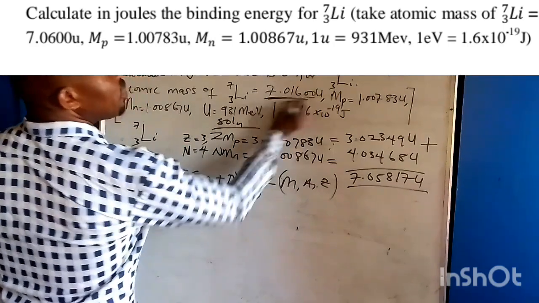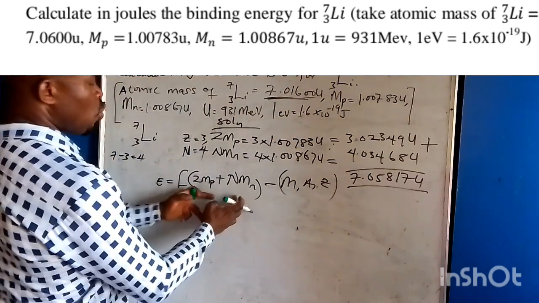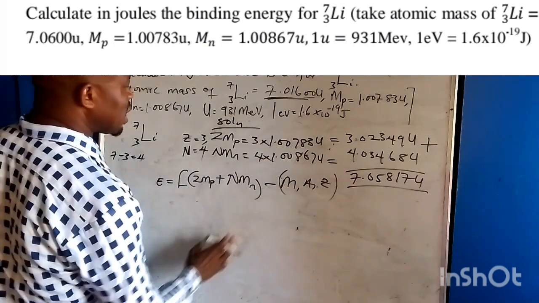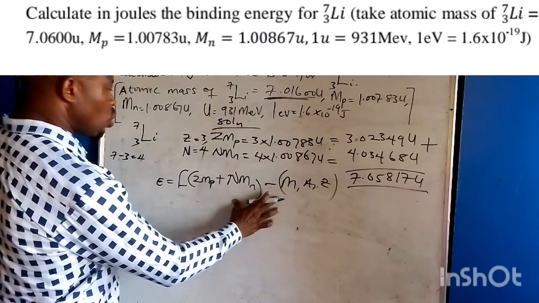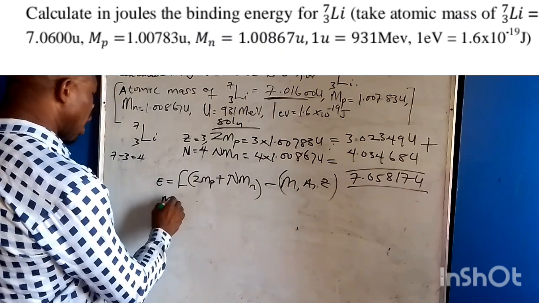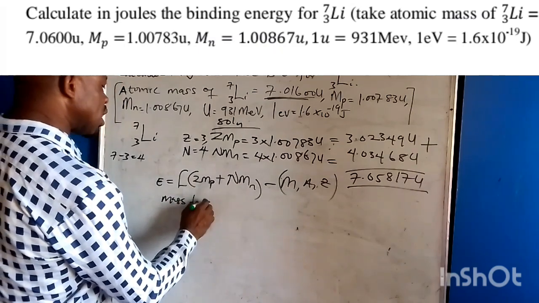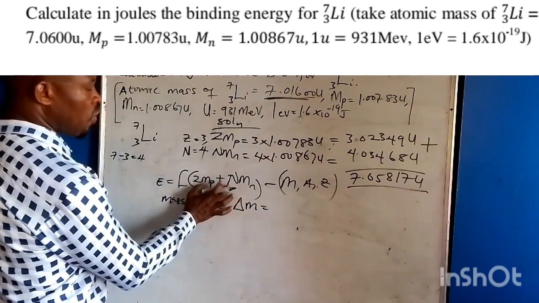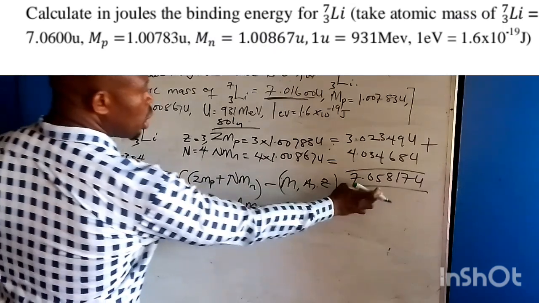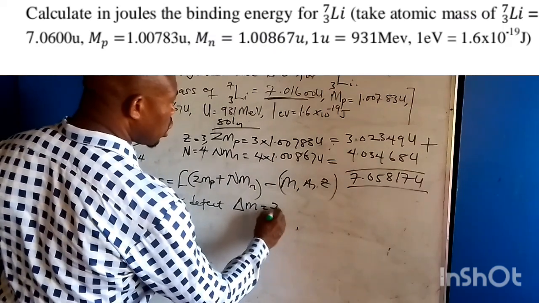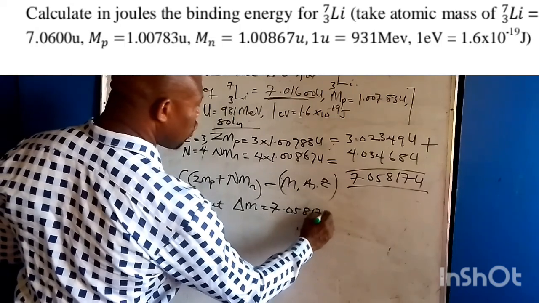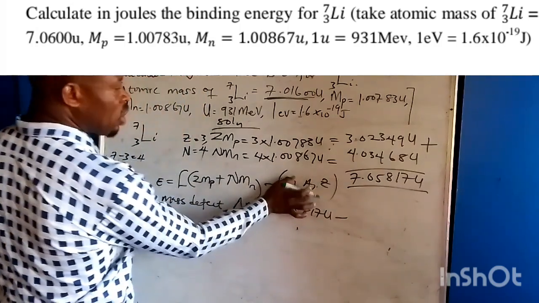Which is 7.006. So the next step is to bring in our mass defect. What we now have is the mass defect, or mass difference, which is the change in mass. The mass of proton and neutron put together gives us 7.05817 U, minus the mass of the nucleus.